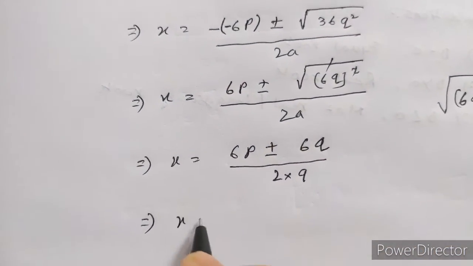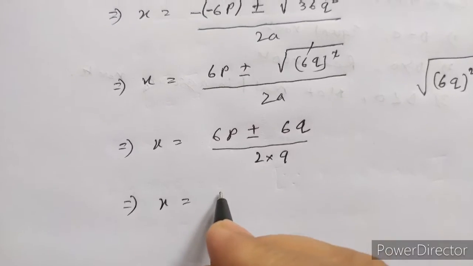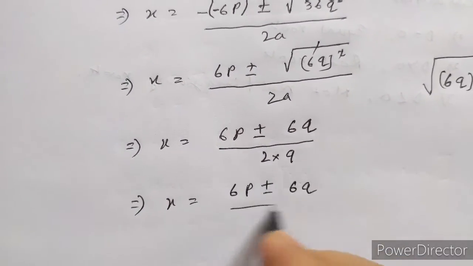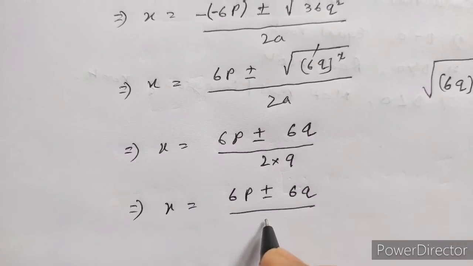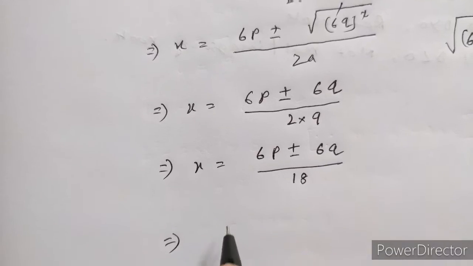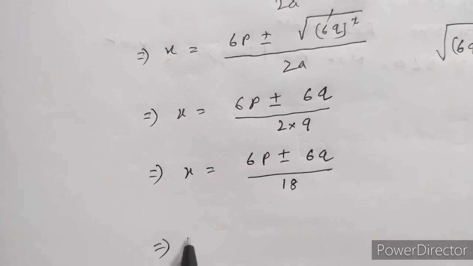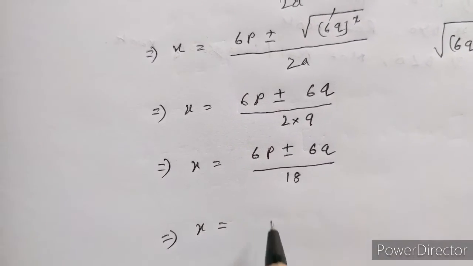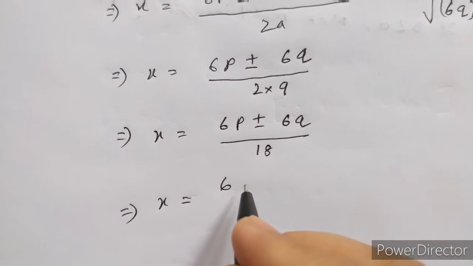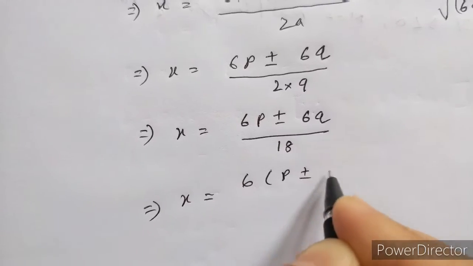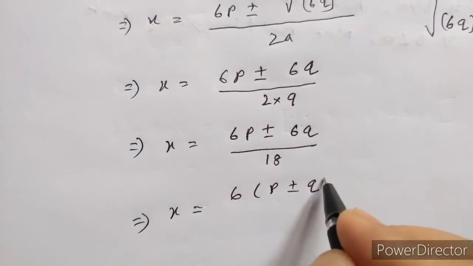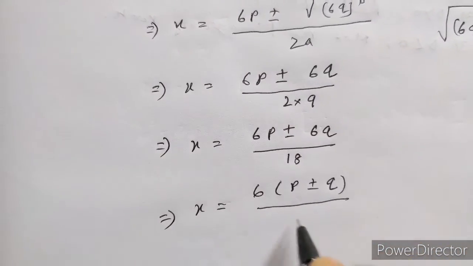So this will become x is equals to 6p plus minus 6q divided by 18. So x is equals to, you can take 6 common, so 6 into p plus minus q, divided by 18.